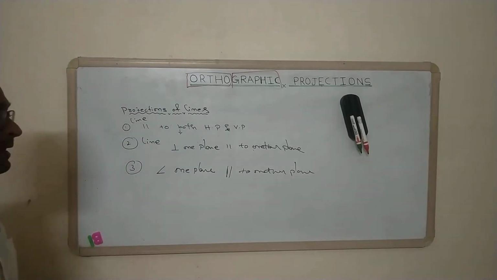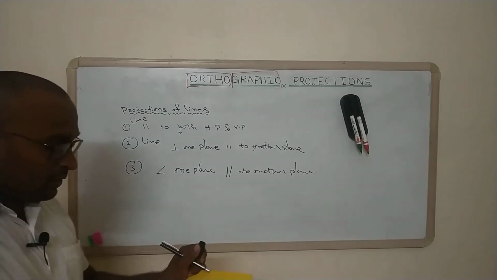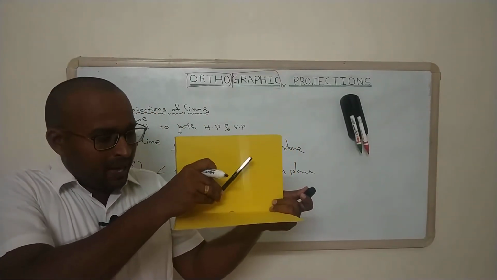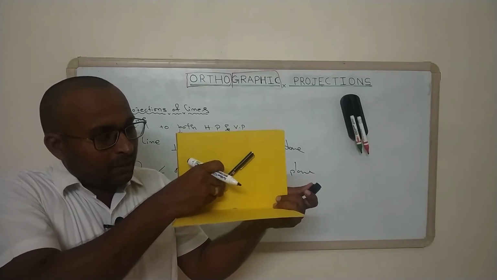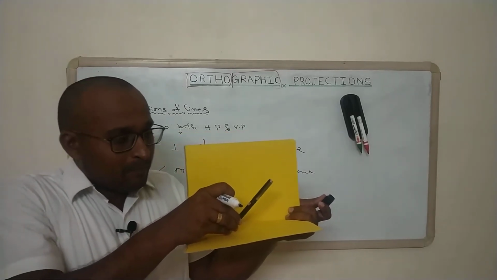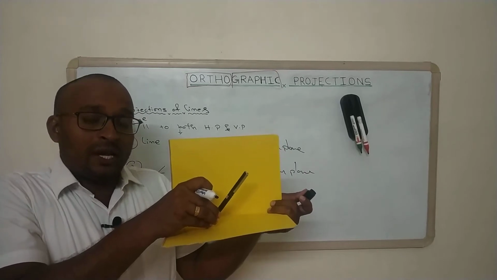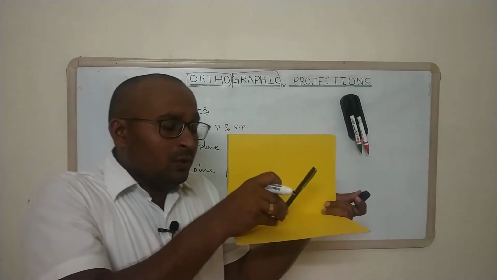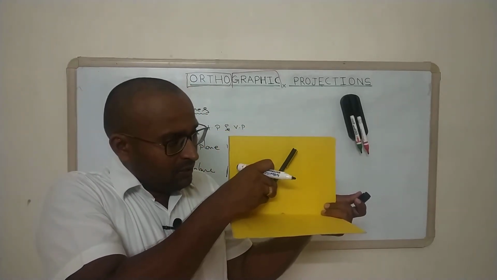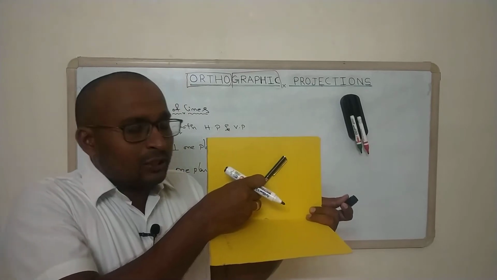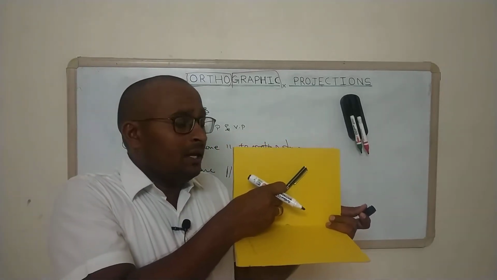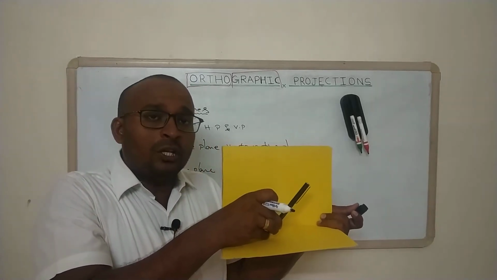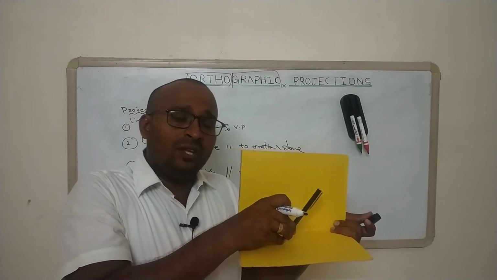You can observe that if the line is inclined to the horizontal plane and parallel to the vertical plane, then whenever a line is inclined to any one plane, that plane shows the reduced length of the line. Here the line is parallel to the VP, so the true length of the line is projected onto the screen. Whenever we see from the top view, it will be the reduced length of the given line.